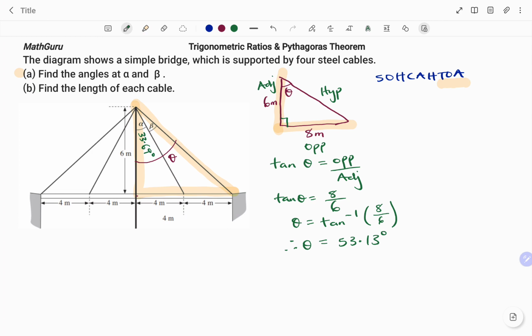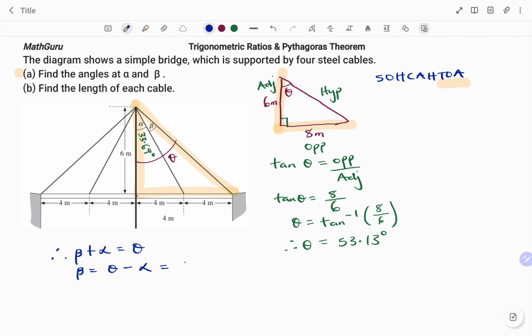So therefore, beta plus alpha will give me my theta. That's the total angle. So therefore, beta will be my theta minus my alpha. From the first part of the question, I calculated theta and alpha.